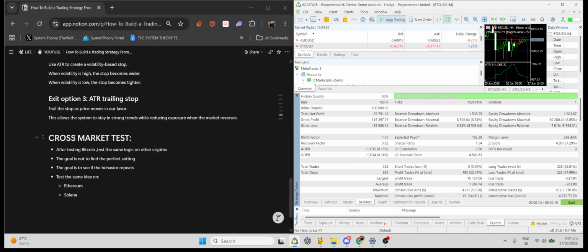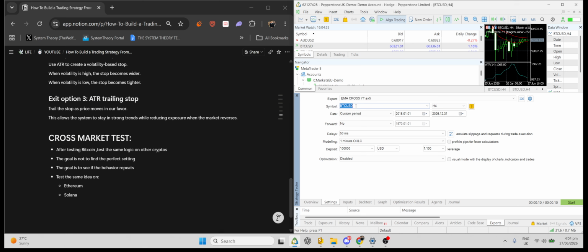Now, cross-market test. After testing Bitcoin, what I want to see is the same effect working on all the major cryptos. The goal is not to find the perfect setting, it is to see if the behavior repeats across the major cryptos, because if it only works on Bitcoin but fails on Ethereum, let's say, then the effect is not as strong or is not there, so it doesn't make sense to me to deploy it and risk money on it.